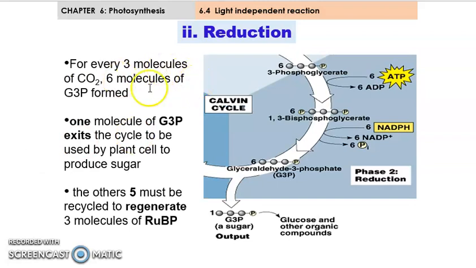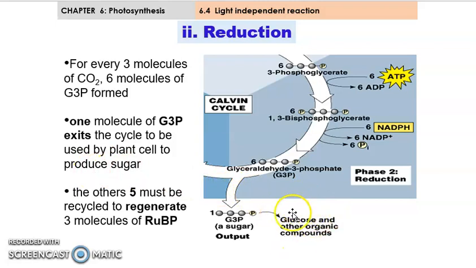Okay, and then for every 3 molecule of carbon dioxide, 6 molecule of G3P will be formed. Yang inilah yang saya katakan tadi. Okay, so ada 6 molecule of glyceraldehyde 3-phosphate, but from these 6 G3P, only 1 G3P will exit the cycle to be used by plant cell to produce sugar. Maksudnya akan ada satu sahaja G3P yang akan dikeluarkan sebagai output, yang mana nanti dia akan digunakan by the plant cell to produce sugar.